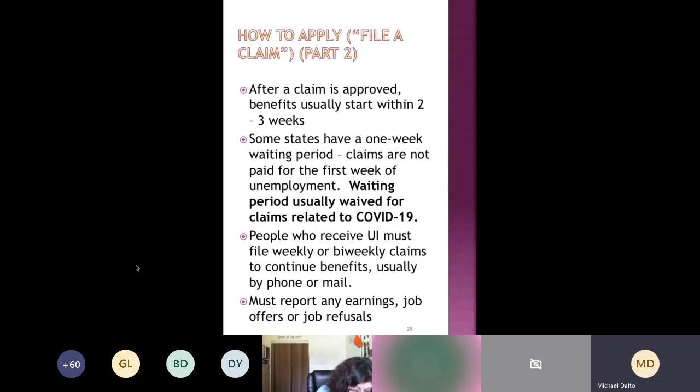And I would hope that most states are going to allow people to continue filing those weekly or bi-weekly claims online. And when you file your claim, you're not only asking for payments, but you're reporting any changes in your circumstances that might be relevant to unemployment benefits. If you started working, you have to report your earnings, any job offers, or any job offers you refused.